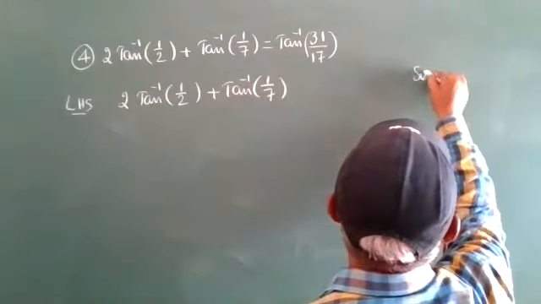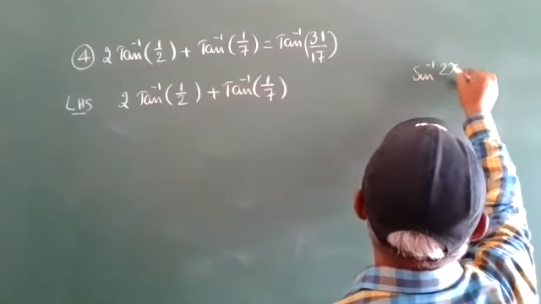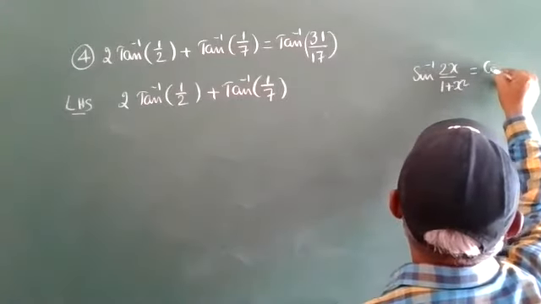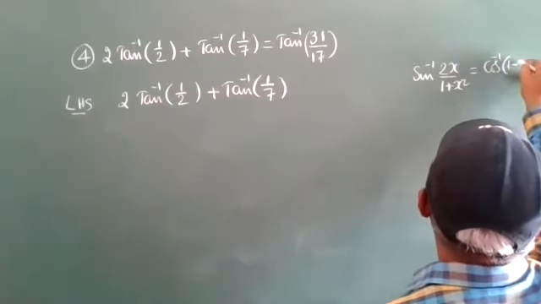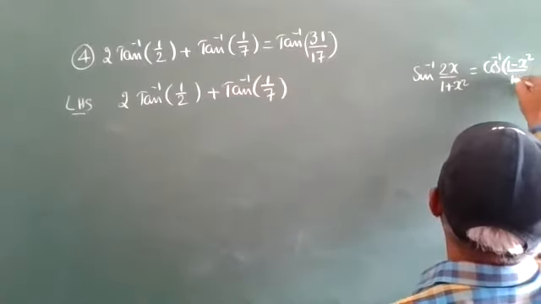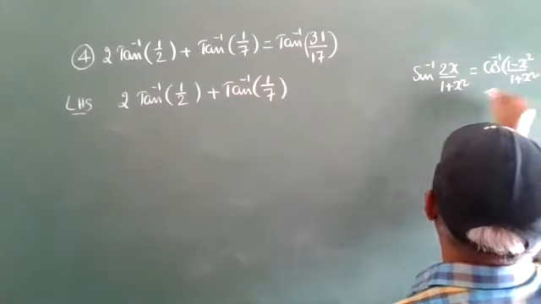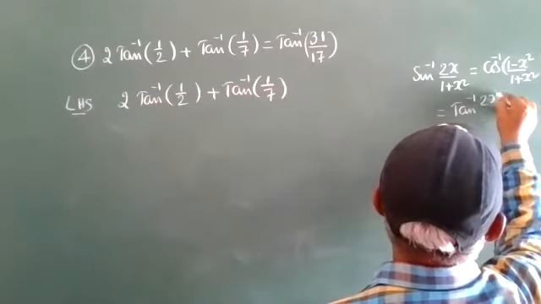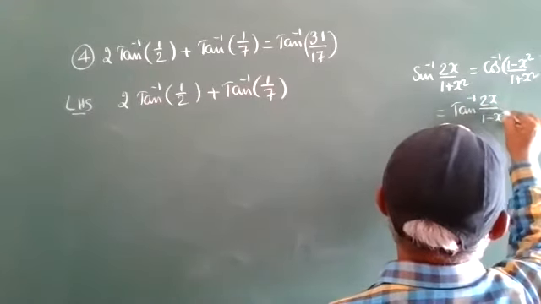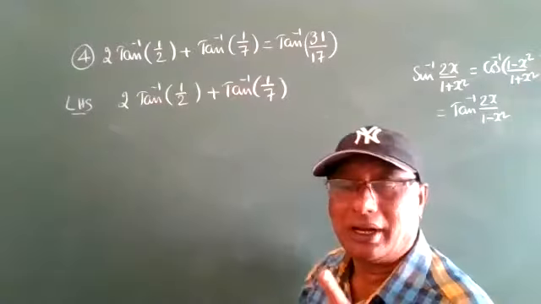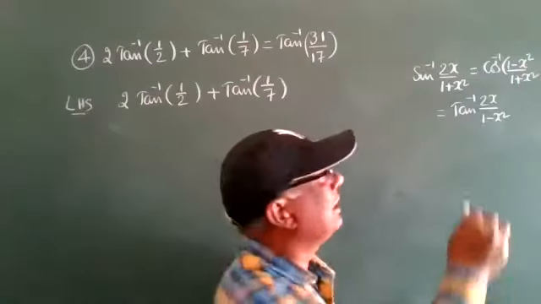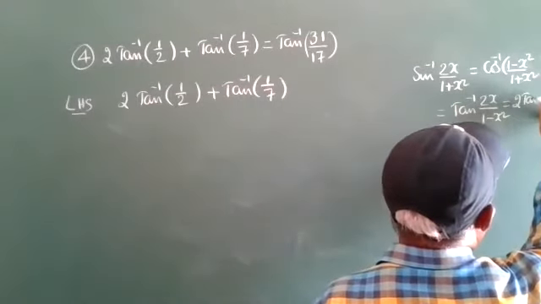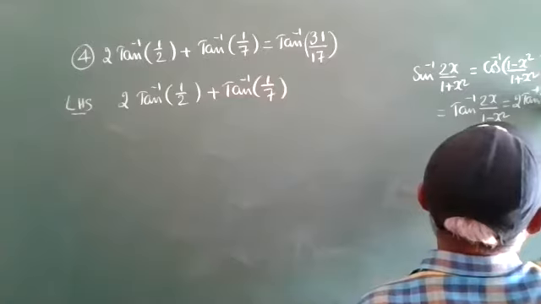Sine inverse of 2x by 1 plus x square, or cos inverse of 1 minus x square by 1 plus x square, or tan inverse of 2x by 1 minus x square. For all these three, I will write only one formula. What is that formula? It is 2 tan inverse of x. Okay?